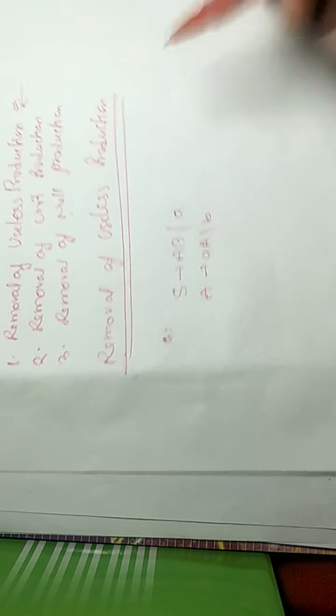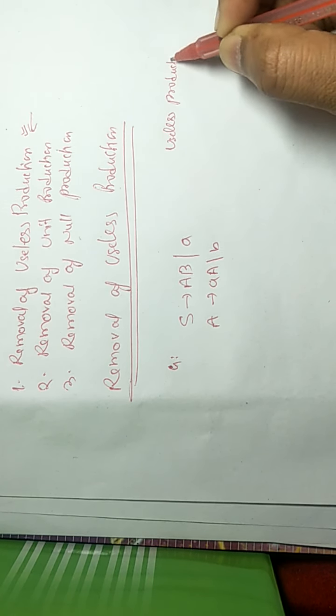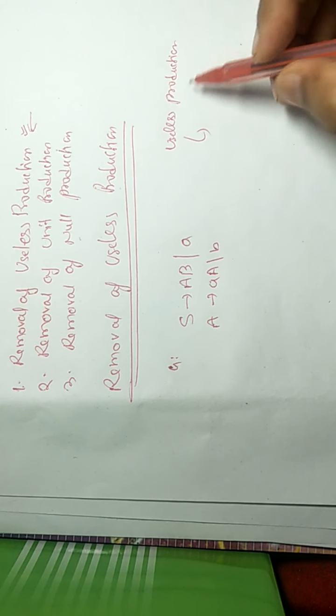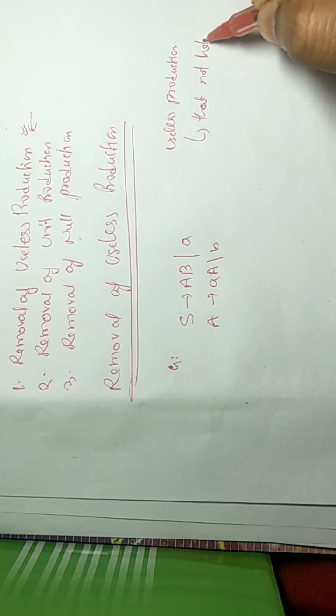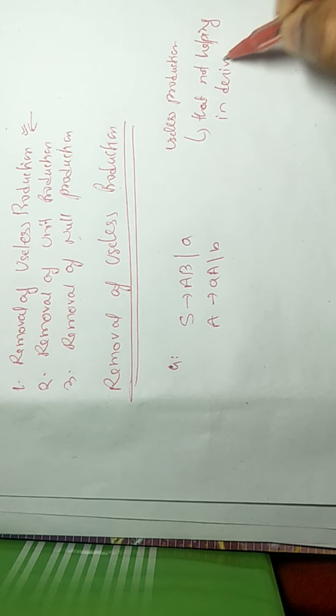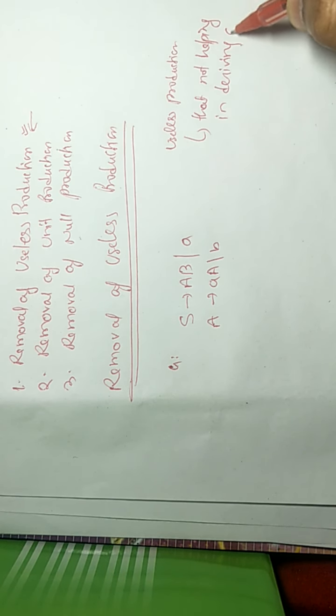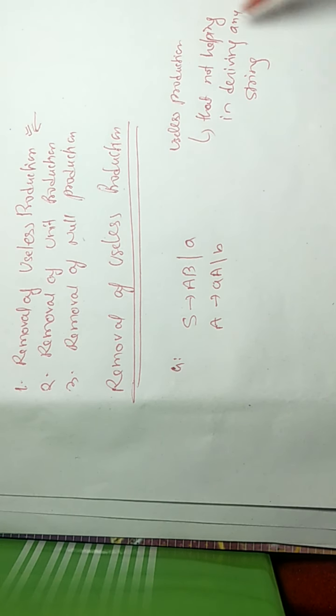A useless production means that it is not helping us in deriving any string. A production is useless if it is not used, because the purpose of a grammar is to derive a string from the start production.